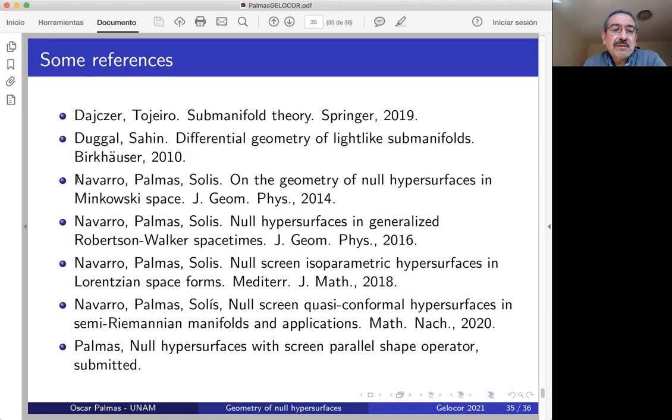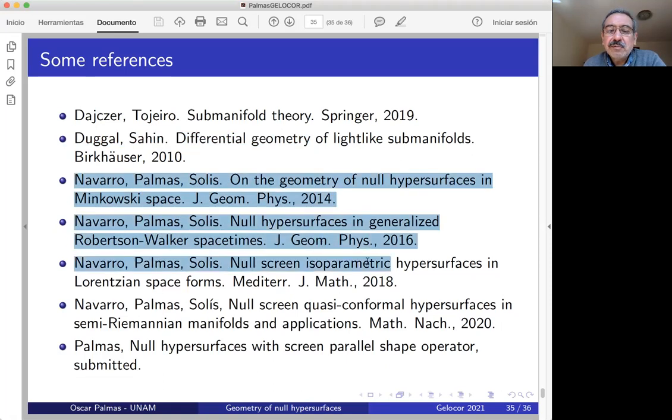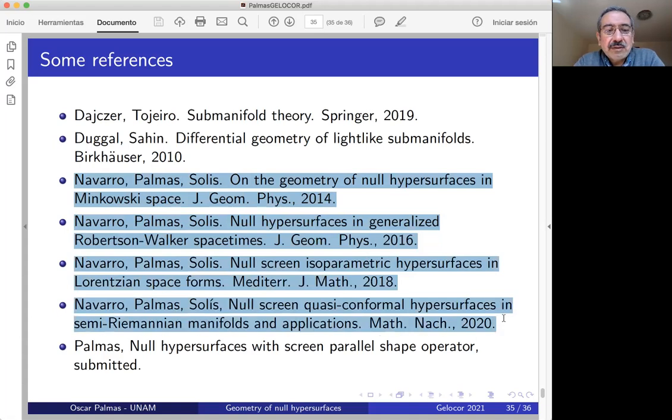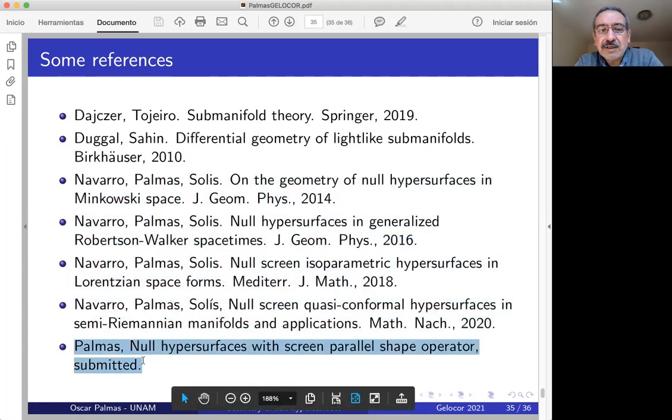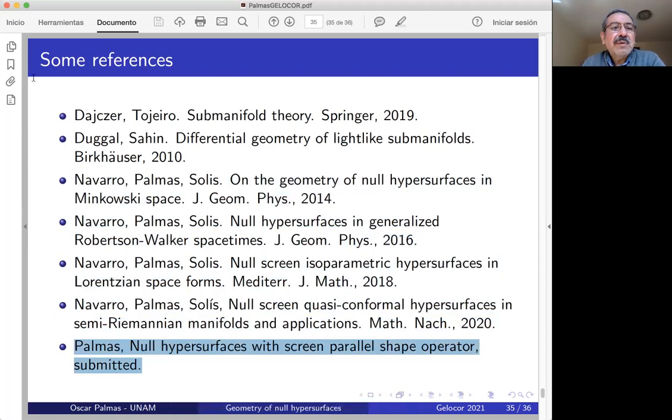As said before, some results were obtained by Matias Navarro, Didier Solis, and me in these papers, and some of them were obtained by myself in this last paper.